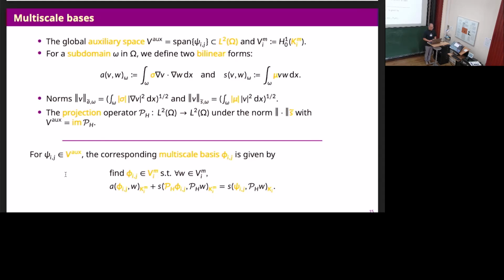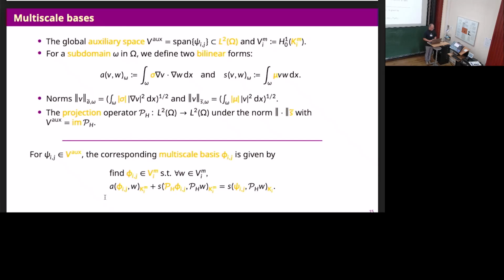So next, we will define the multiscale basis. We define this for each eigenfunction that we selected, psi ij, and for each psi ij, we solve this local problem to get the multiscale basis phi ij, and this phi ij belongs to this space VIM. You see that this VIM is defined in this oversample region with zero boundary condition.